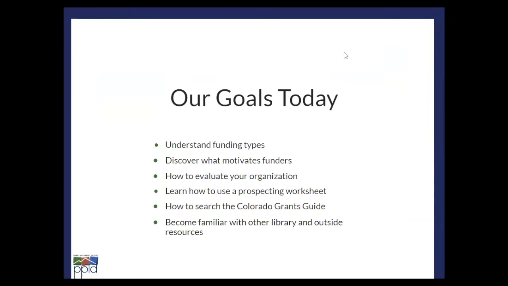I'm going to talk a little bit about that prospecting worksheet that I gave you. And of course, as I said, we're going to search with Colorado Grants Guide. And I've also got some other outside resources that I really want to share with you.